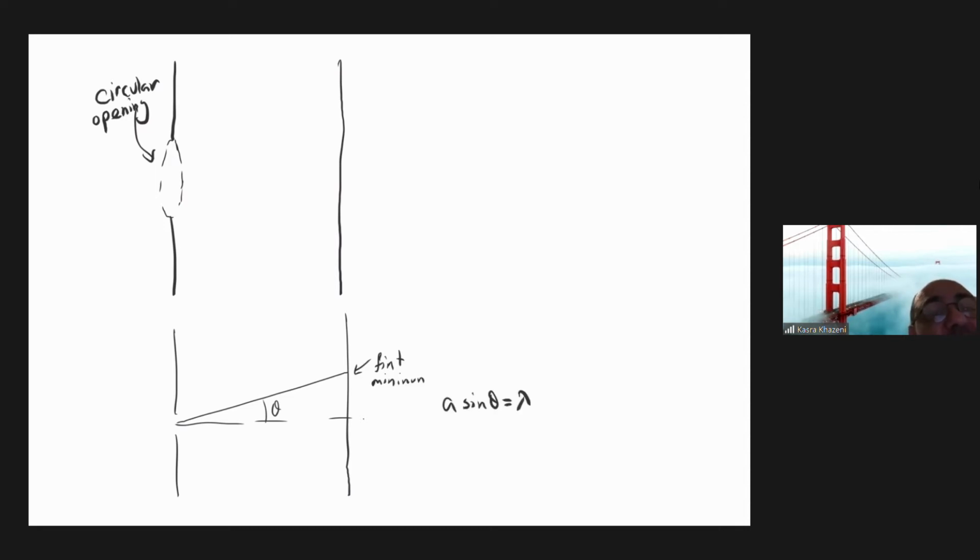We just did that. This is the case where m is equal to 1, the first minimum. So this angle for the first minimum is just lambda over a. Okay, this is the first minimum. And in one dimension it looked like that. That's the first minimum.